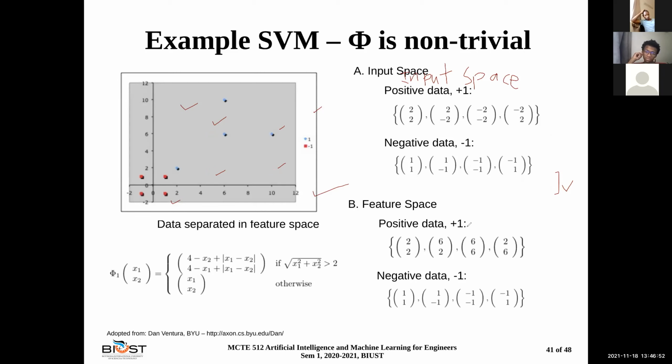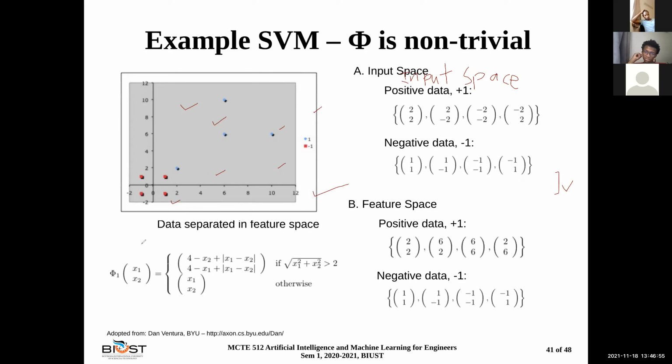Now we say that for feature space, okay, we propose this transformation, this feature space transformation function that will transform our input x1, x2 into some values in the feature space.